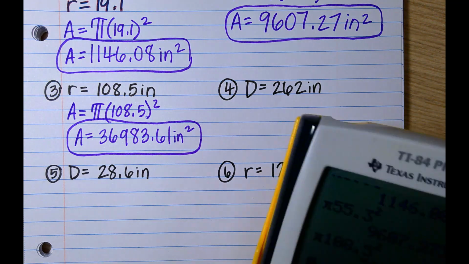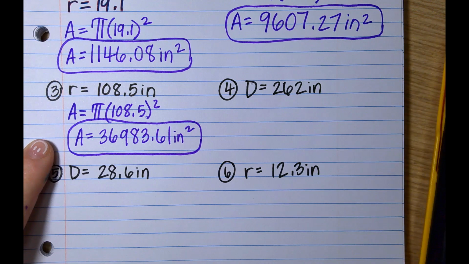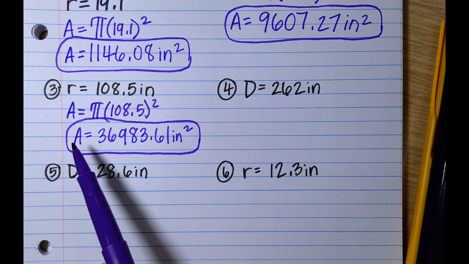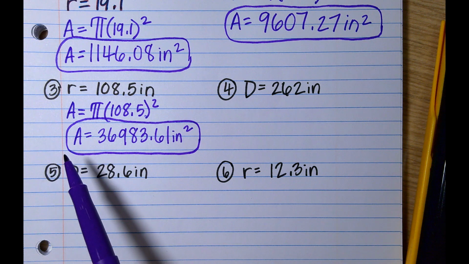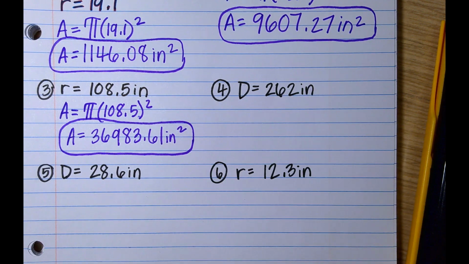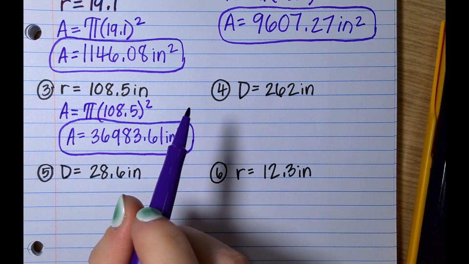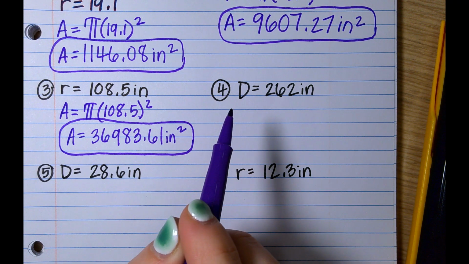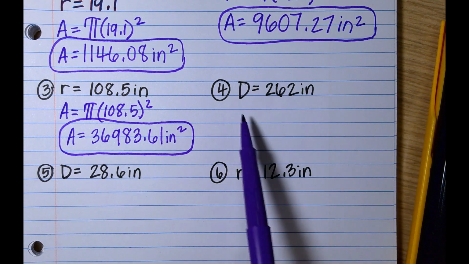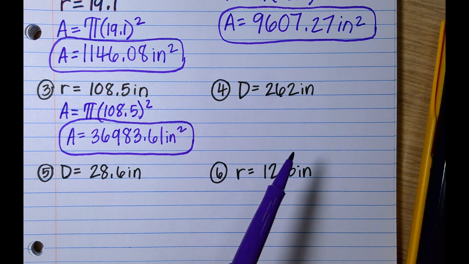Good observation there. Okay. Any questions, concerns, anything about number 3, or we got that? Okay. Let's look at number 4. I want to know the area of a circle that has a diameter of 262 inches. Where do I need to begin here?